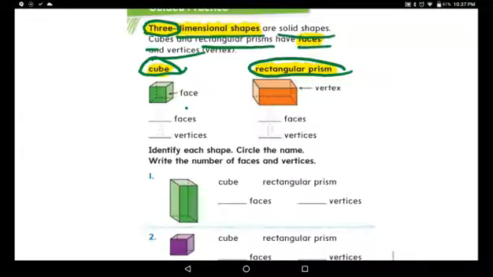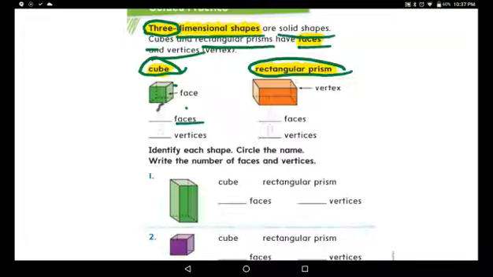Do you remember how many squares we used to make a cube? We used 6 squares. So using 6 squares means you used 6 faces, all squares. So we call them 6 faces.